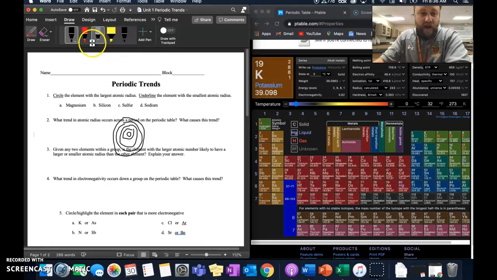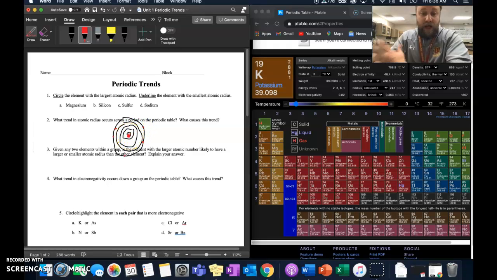Now the reason why it becomes smaller as we move across the period is it comes back to that electrostatic interaction, or that positive and negative being attracted to each other. So remember, our nucleus is positively charged, our electrons are negatively charged, and as we keep going across our period, we keep getting more electrons and we keep getting more protons.